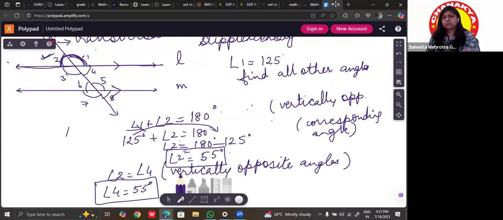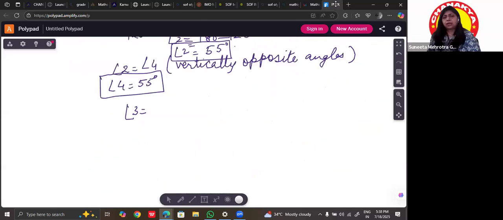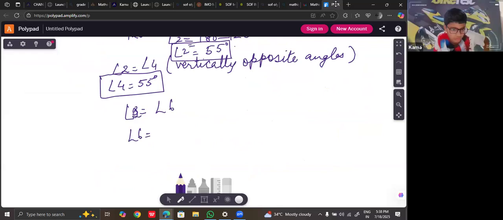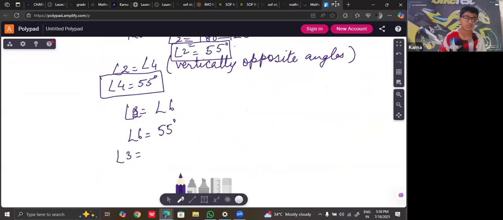Angle 6 we don't know, so first find angle 6. Ma'am, angle 6 is 55 degrees, right? How? Corresponding: angle 2 is equal to angle 6, so angle 6 is 55. Angle 3 is equal to angle 1, 125 degrees.